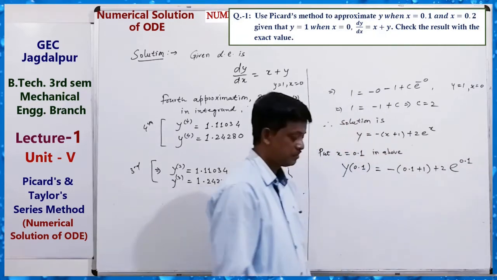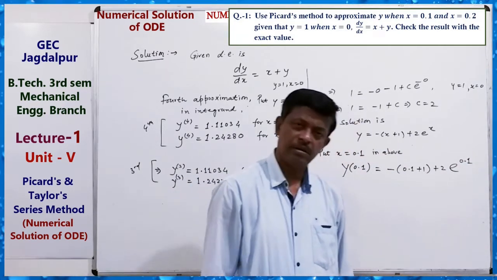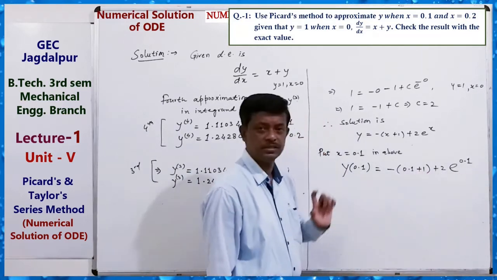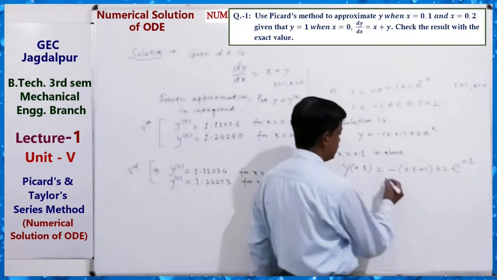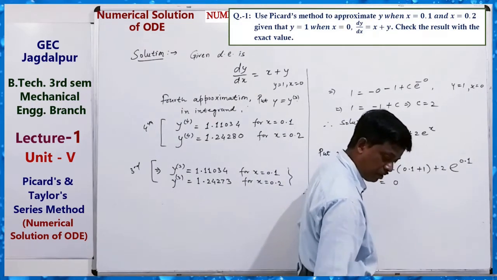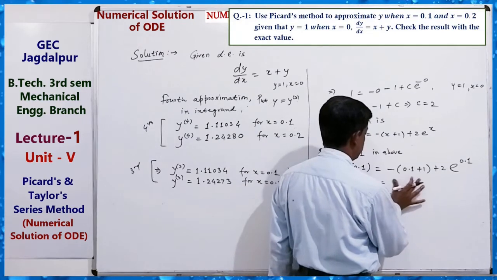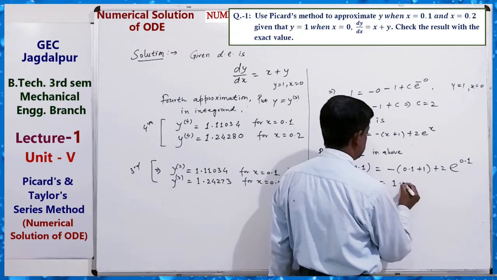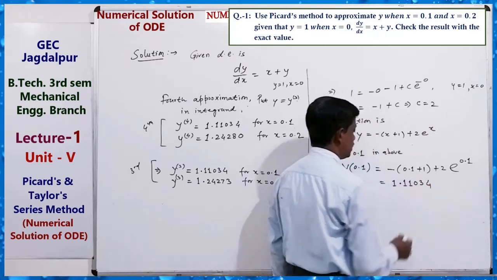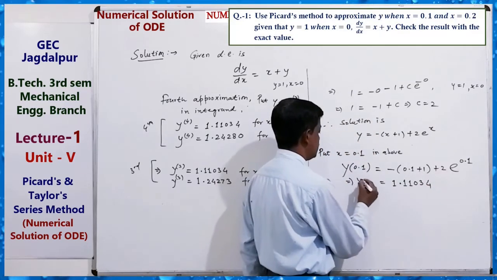Clear? Just calculate it using a calculator, this into this and this. You can see that this is equal to 1.11034. Just calculate it and you can see this value.